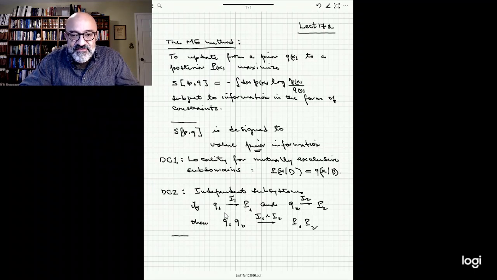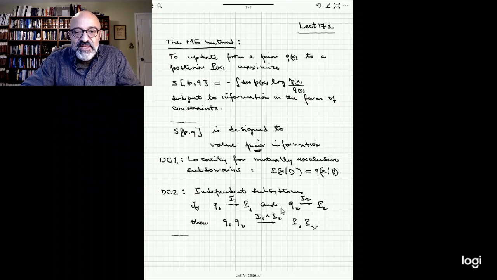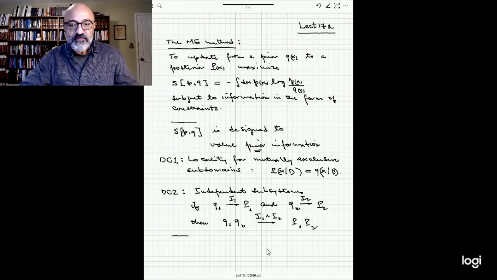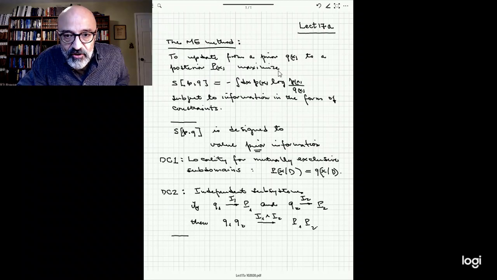And what that means is that if you have two subsystems and you update one with information I1 into a posterior and you update the other with a prior Q2 with information I2 to another posterior, and none of this in the first case has anything to do with the other one, then the update of the joint prior with both pieces of information that are completely independent should lead to an independent posterior. This is what leads to the log function here.